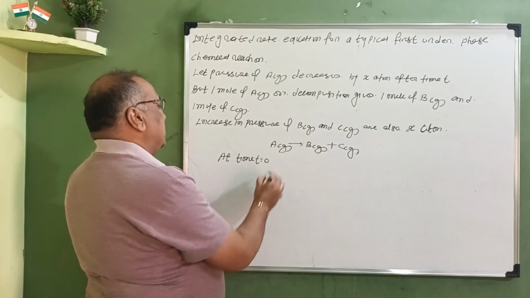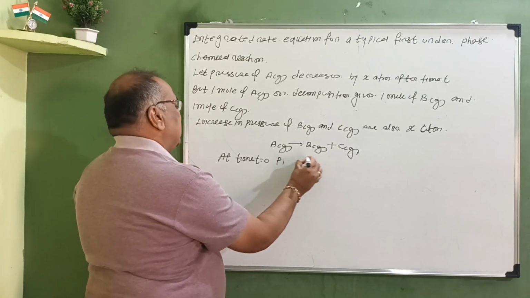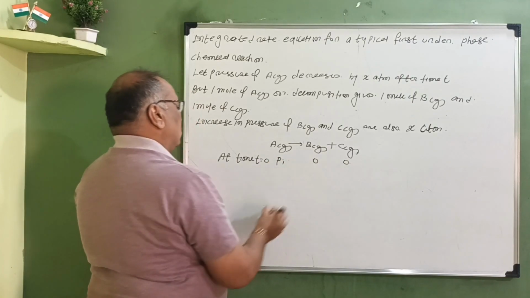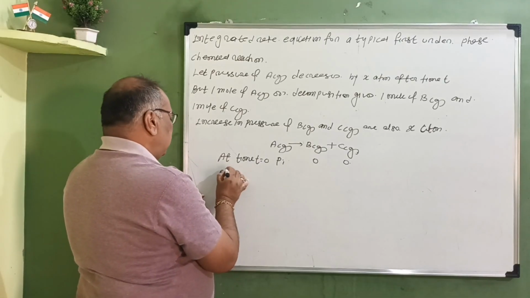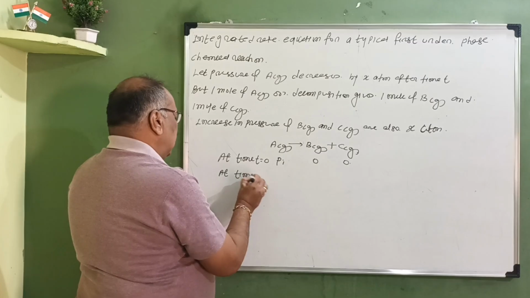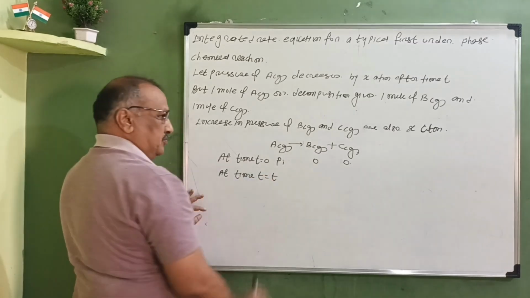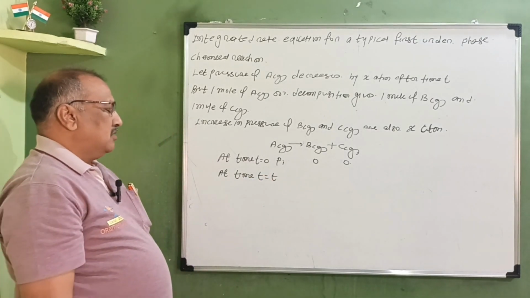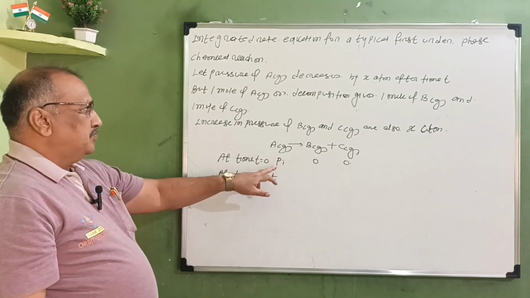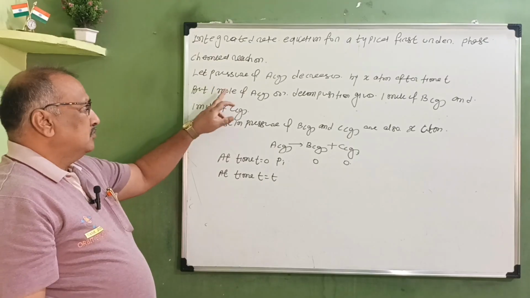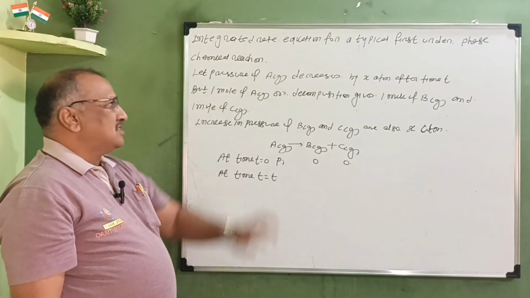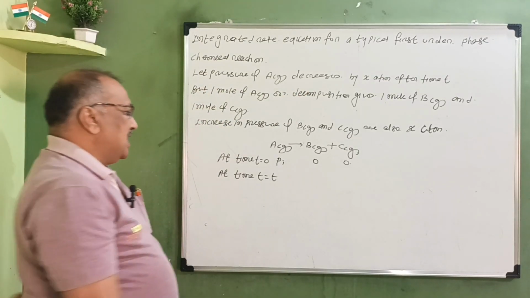Initial pressure of A gas is Pi. This is 0 and this is 0. At time t is equal to t. Here pressure of A gas decreases by x atm.